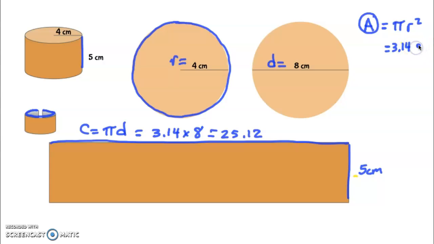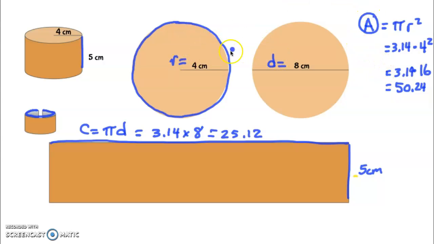So times 4 squared. Now, order of operations tells us to do exponents first. So 4 squared is 4 times 4, or 16. And now we're going to times that by 3.14. And 3.14 times 16 is 50.24. Now that's the area of one circle.